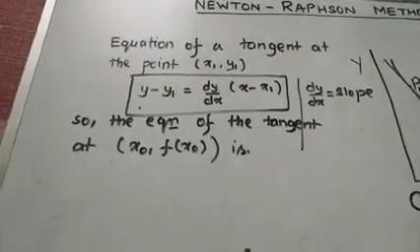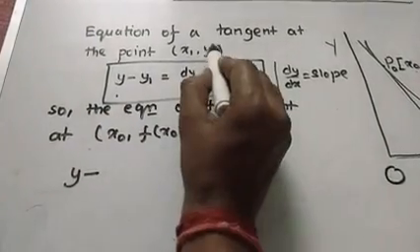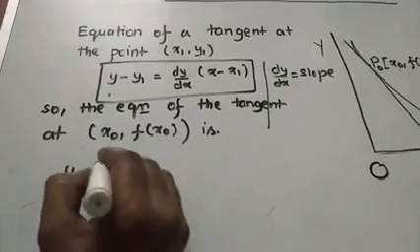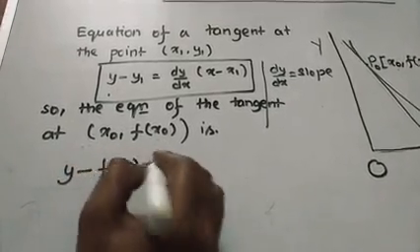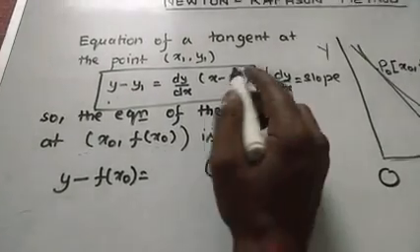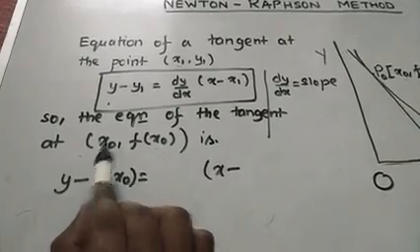I'm going to use this equation only. So y minus y1, what was the y1 here? This thing. So here the y1 will be f of x0, and here x minus x1, this is the x1 point. What is the x1 here? x0.